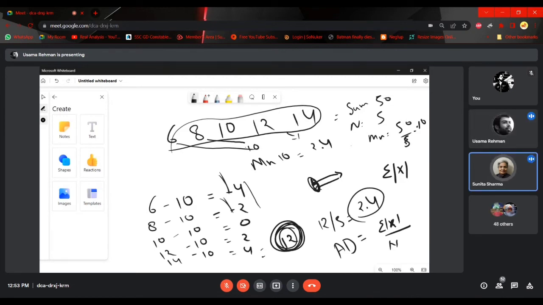Please do not get confused about the signs. Just know how we are solving. This summation means the sum of all of these, and this x with bars means taking the 4 and 2 as positive.